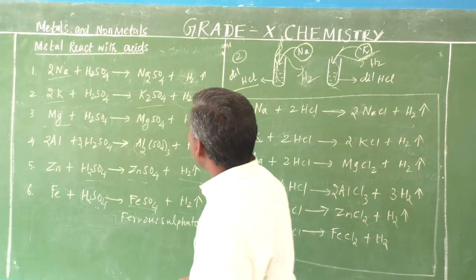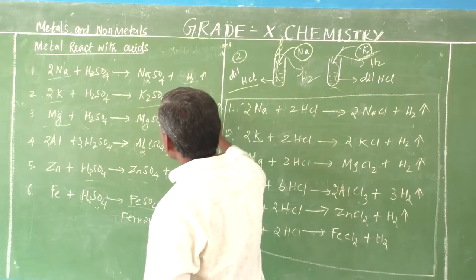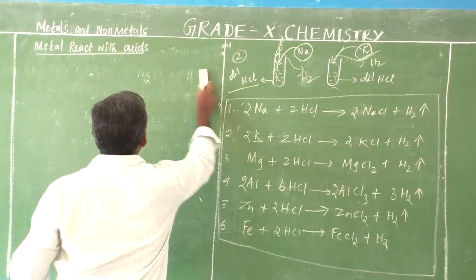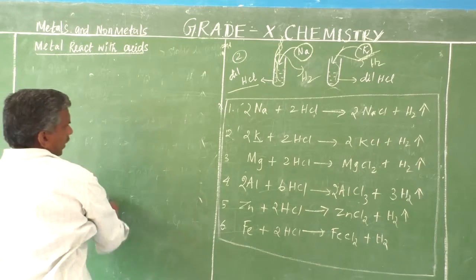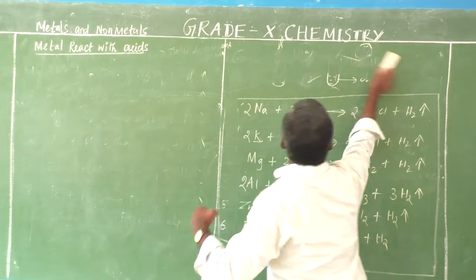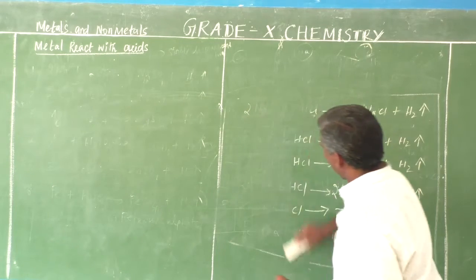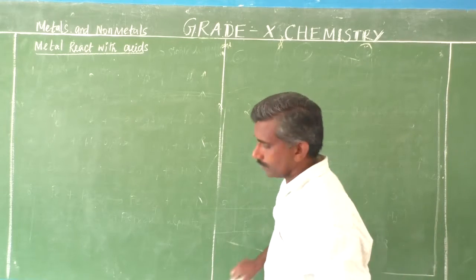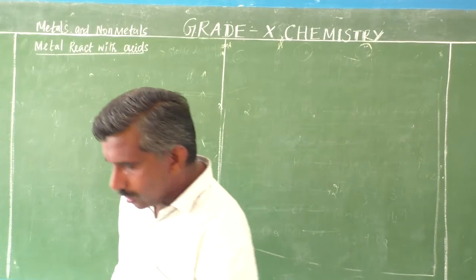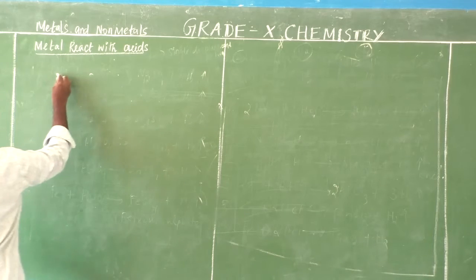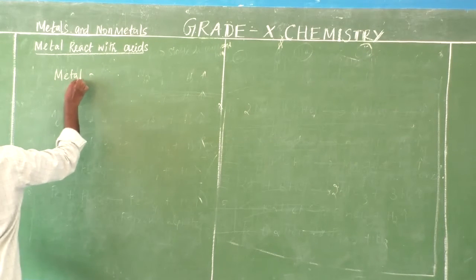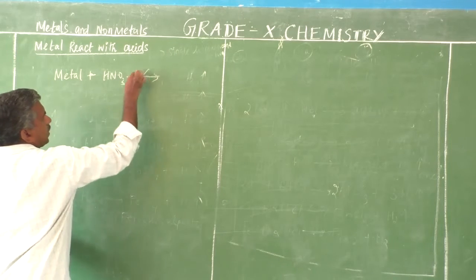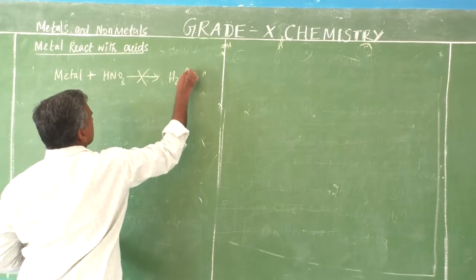So these metals react with acids, but with this acid, hydrogen gas cannot be evolved. Metals reacting with nitric acid do not evolve hydrogen gas.